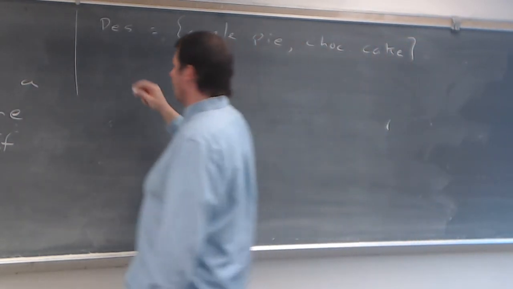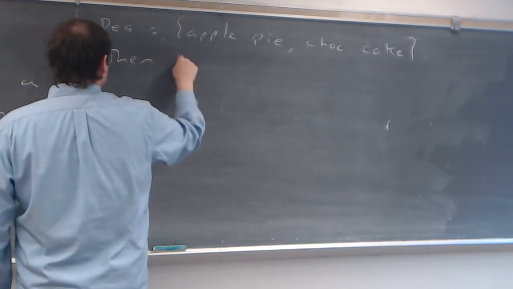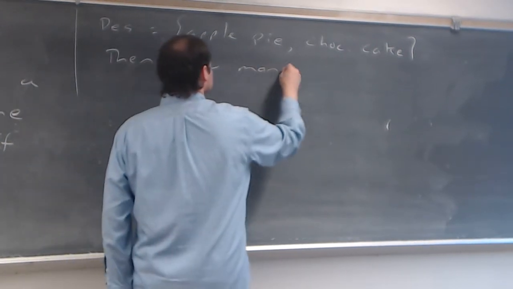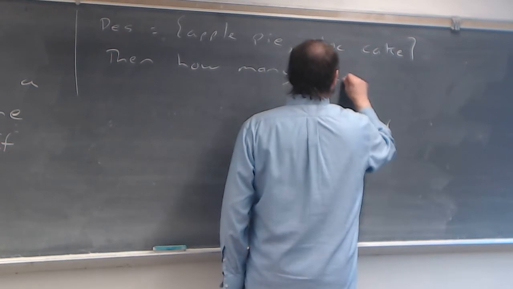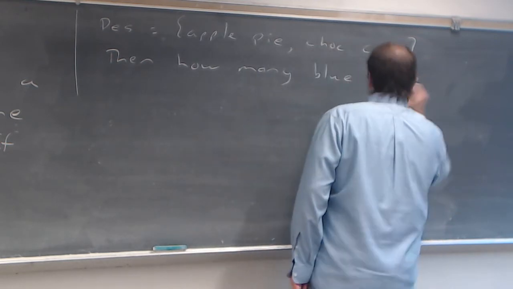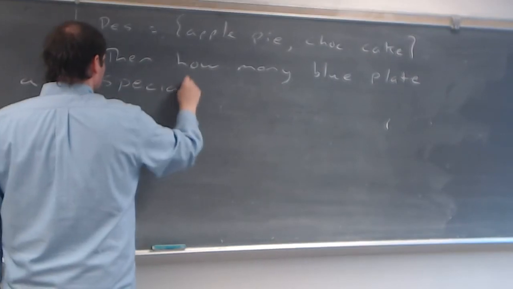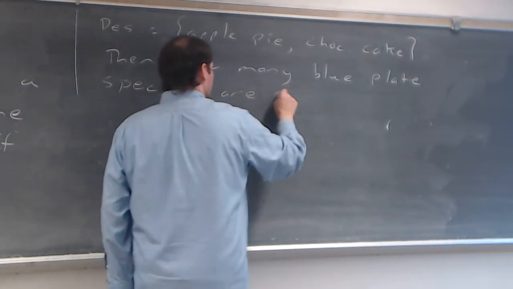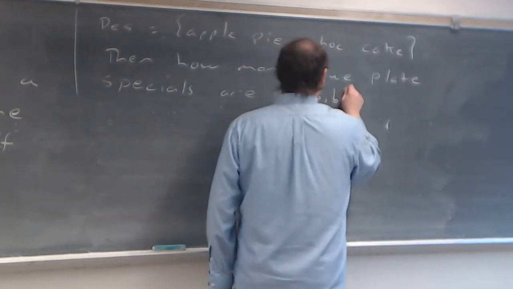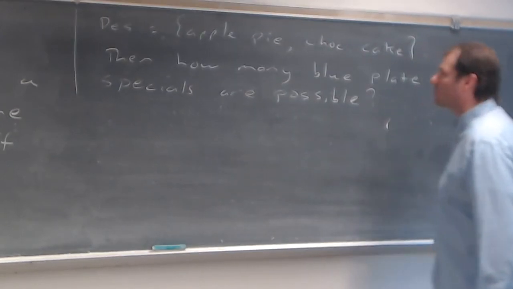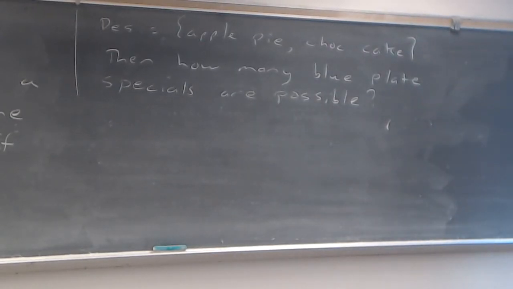Then how many blue plate specials are possible? Here we're going to use the sequential counting principle. Imagine going through a buffet line.